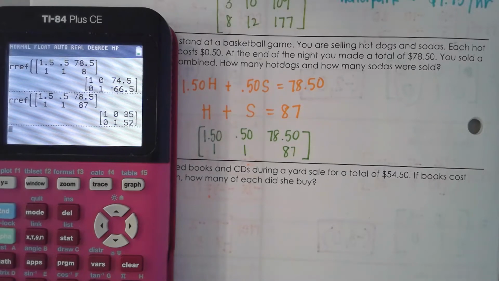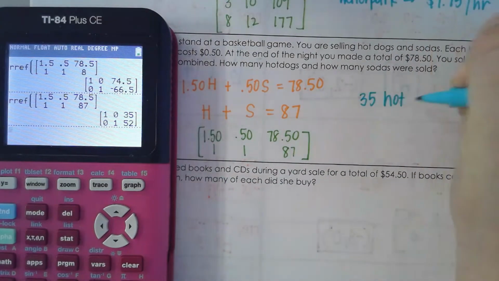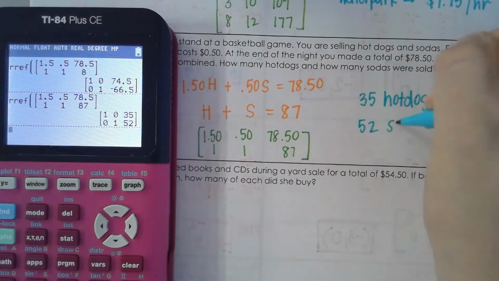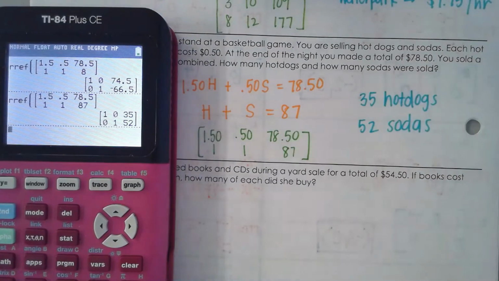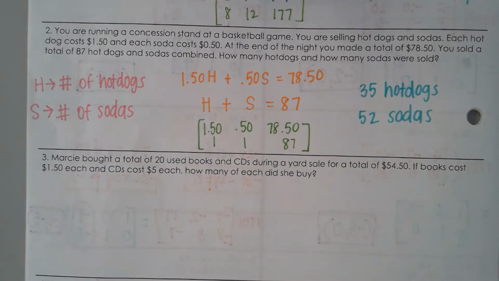So what is the 35? 35 hot dogs. And how many sodas? 52. Good. Any questions?